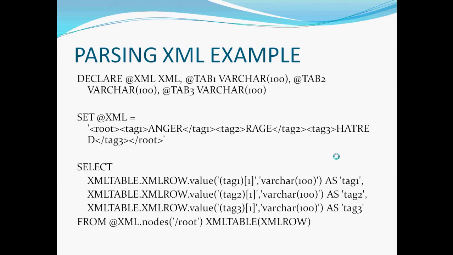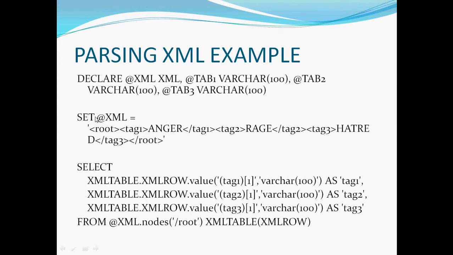Okay, so now I'm going to show you an example of parsing XML. I'm assuming you know SQL. Over here, I'm declaring temporary variables. So here is an XML variable, here's a tab1 variable, a tab2 variable, and a tab3 variable.